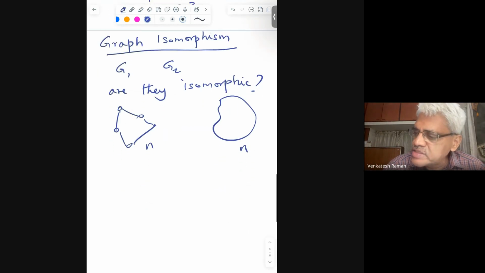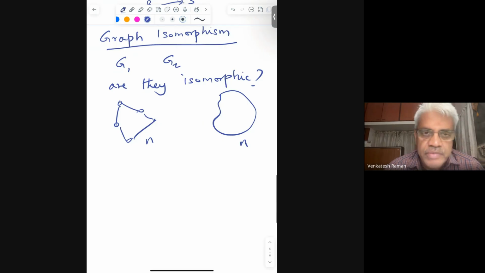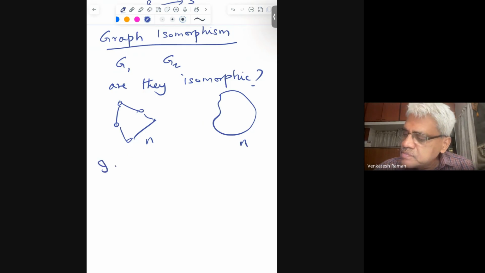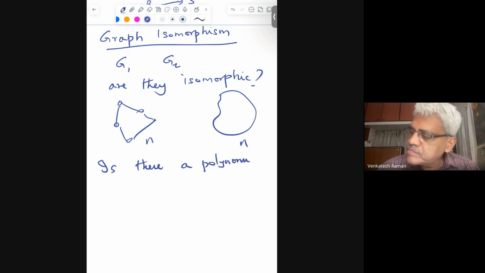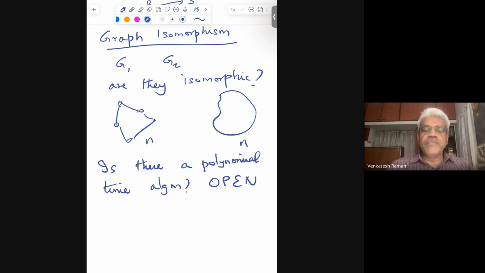Now, interestingly, whether there is a polynomial time algorithm is a very, very famous open problem. It's not resolved yet. In fact, it's not even known whether it's NP complete.